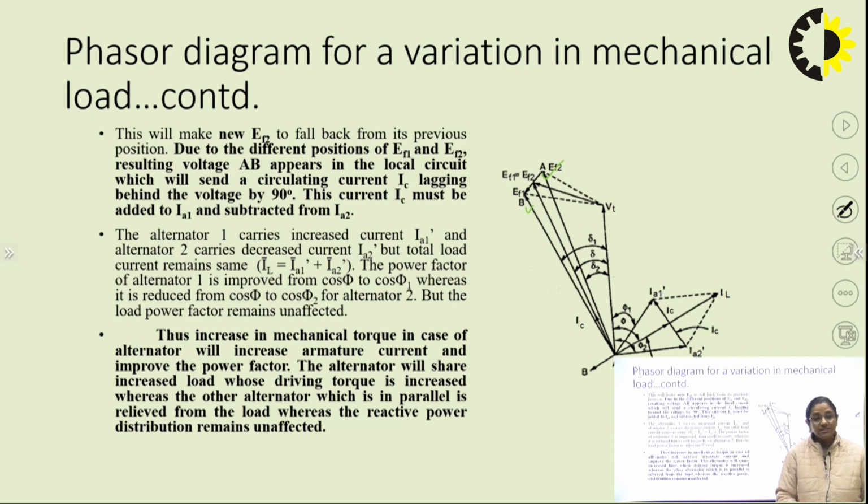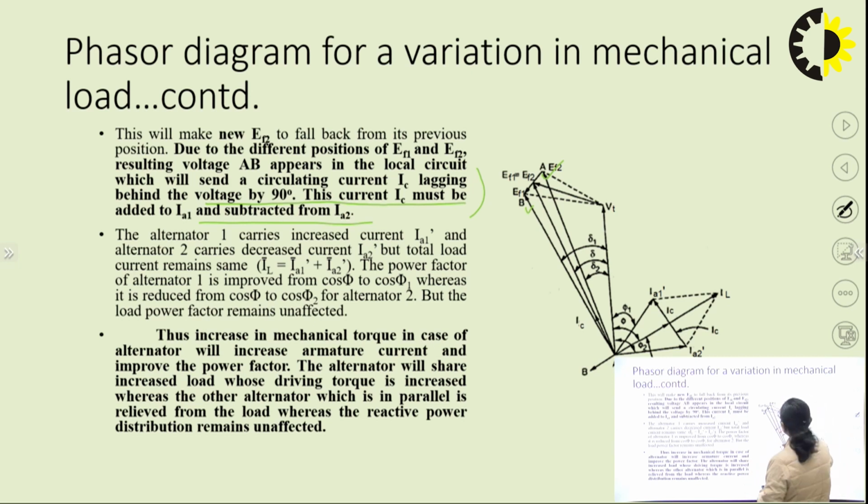This potential difference will cause flow of a circulating current. The circulating current would be lagging behind the voltage AB by an angle of 90 degrees. Why so? Because we are neglecting the resistance of the alternator armature circuit and only considering the reactance Xs. So, the circuit in which this circulating current is flowing is purely inductive.